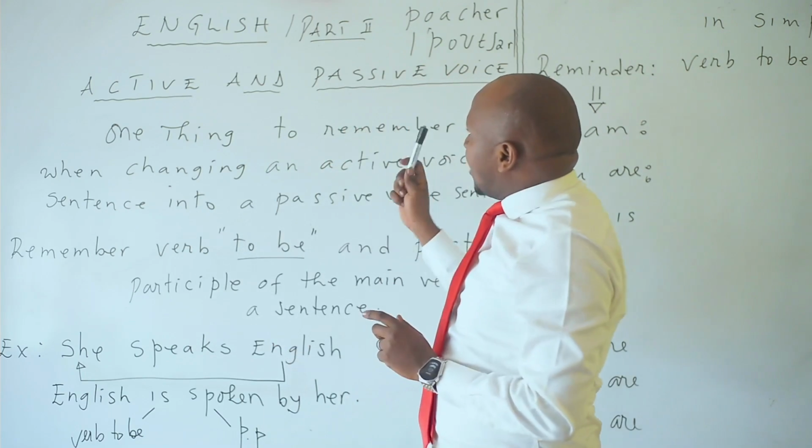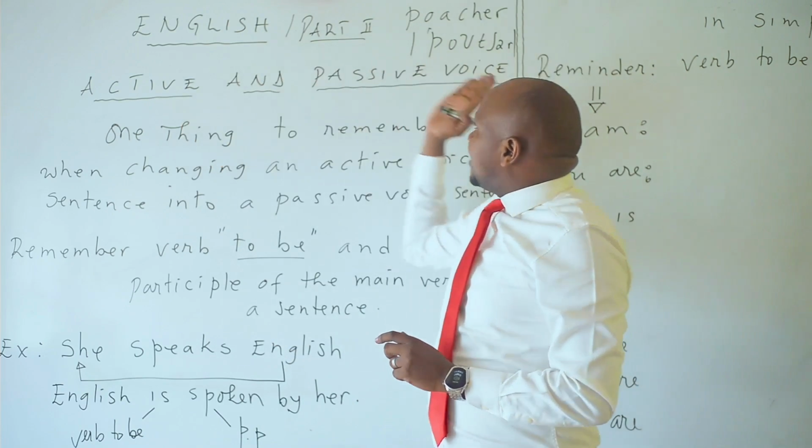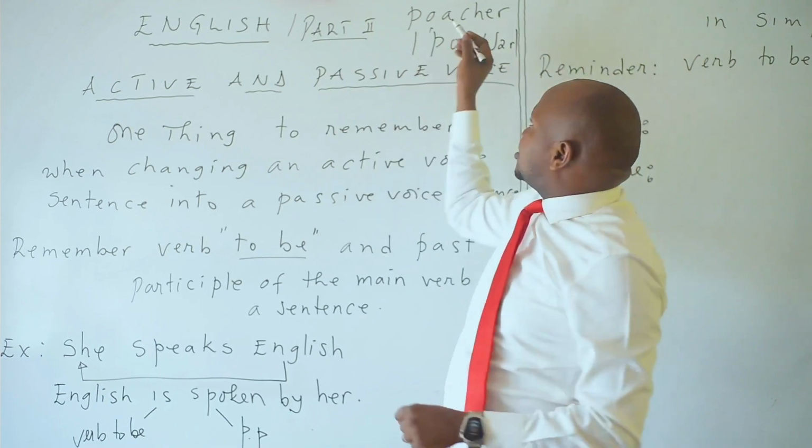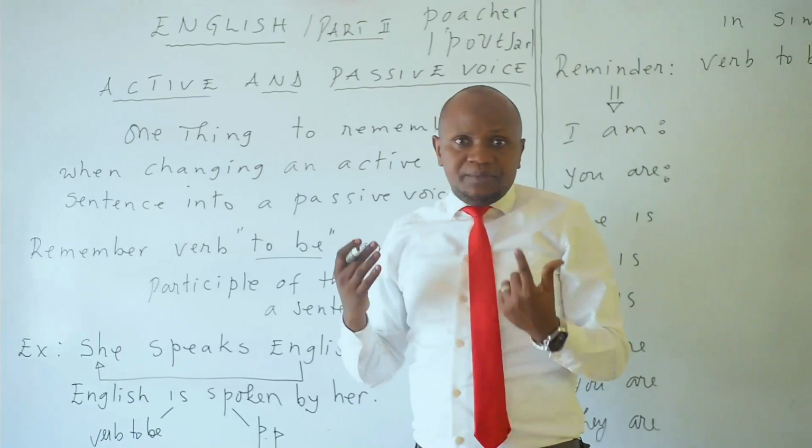Good. Then now, active and passive voice. Before, we have the word here which is poacher. Poacher means what?